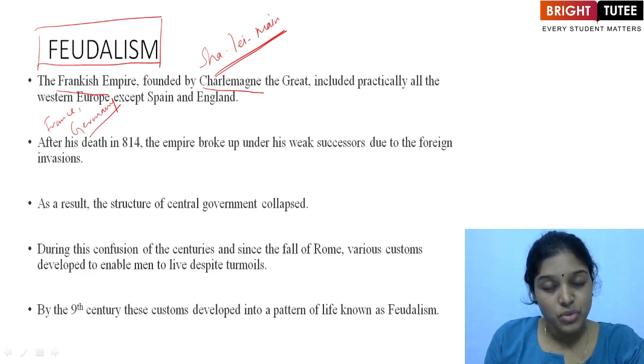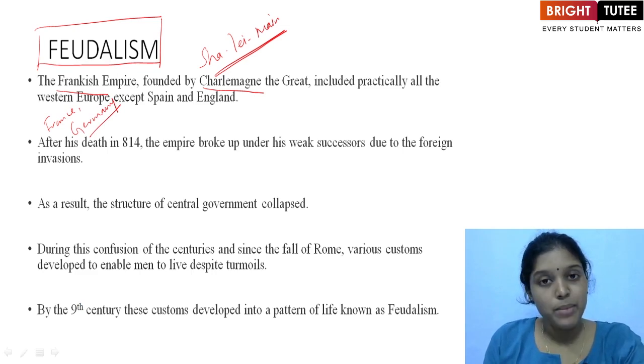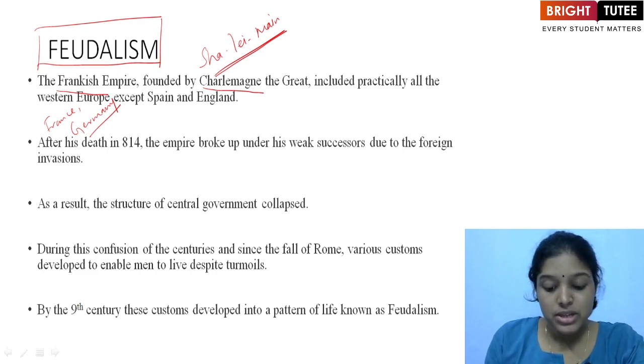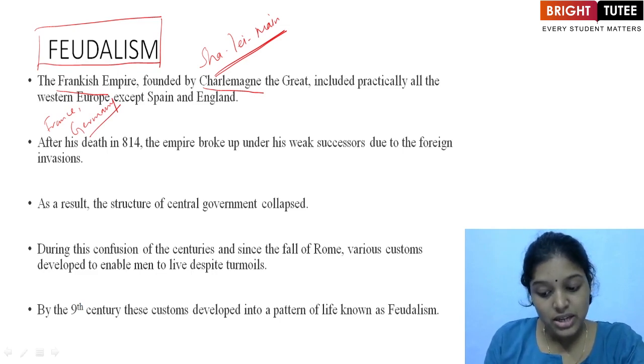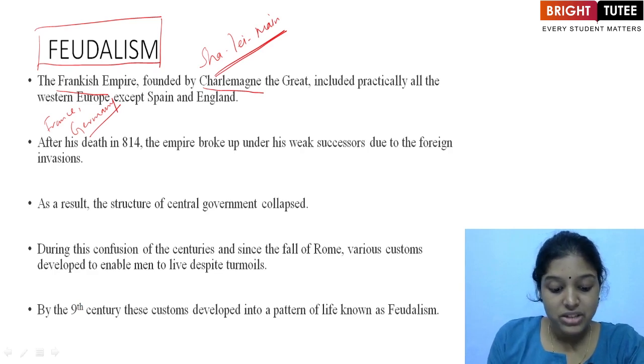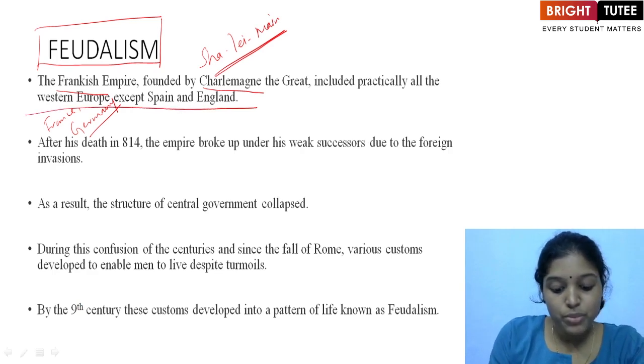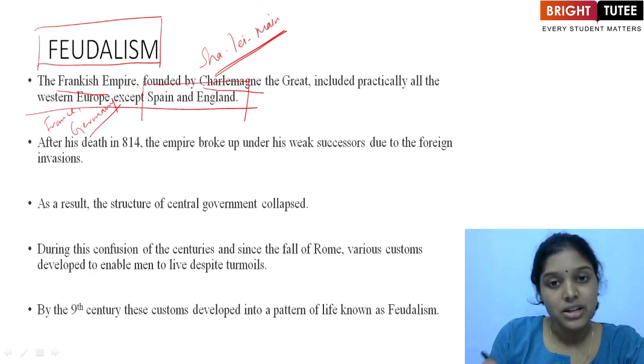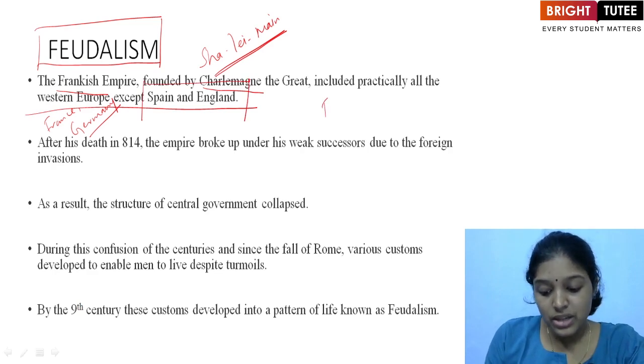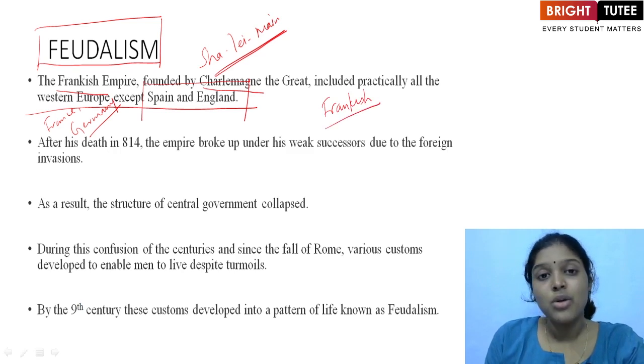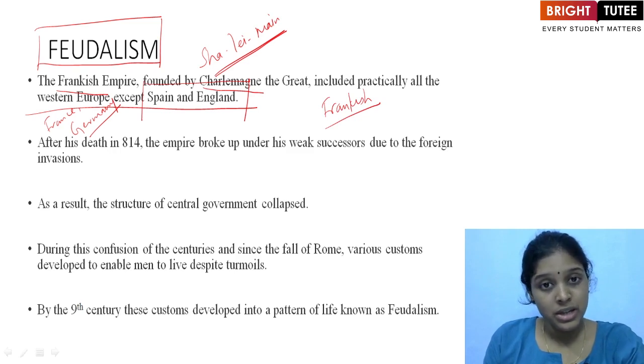So this is what formed the Frankish Empire. And the founder of this empire was Charlemagne the Great, and it included practically all Western Europe except Spain and England. So the Frankish Empire consisted roughly of the whole western part of Europe, but it did not have Spain and England as its part.